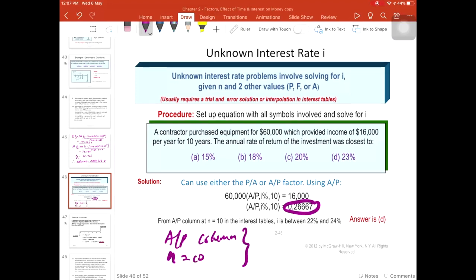Go to every page, which one this value is closest. Okay? And then after you get it, it's in between 22 and 24. Okay, can?